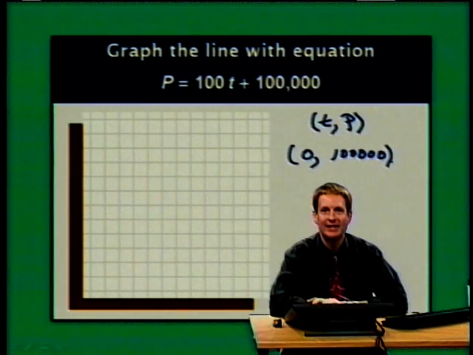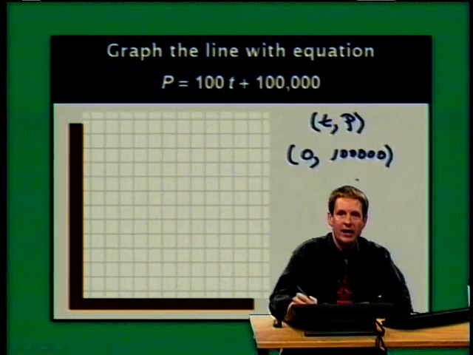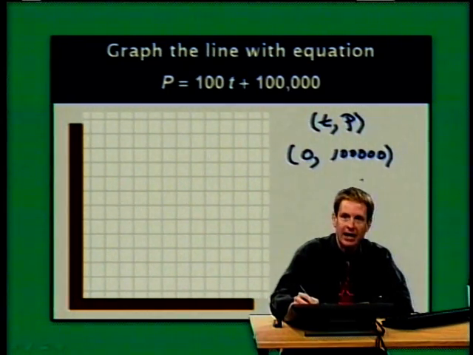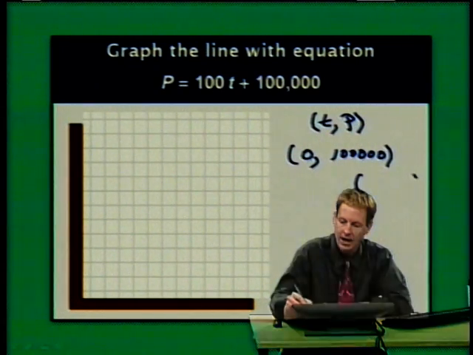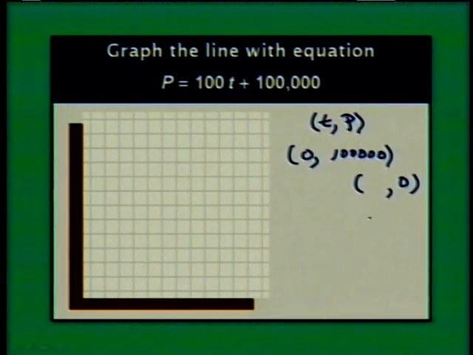What is the t-intercept? The t-intercept is the point that we get when we replace P with 0. If we replaced P with 0, we would get the equation 0 equals 100t plus 100,000. So let's solve the equation 0 equals 100t plus 100,000.